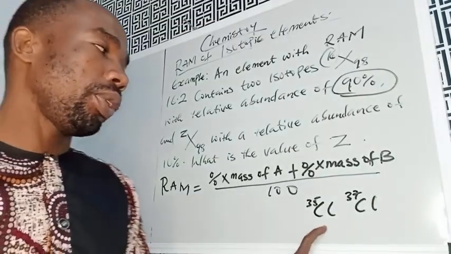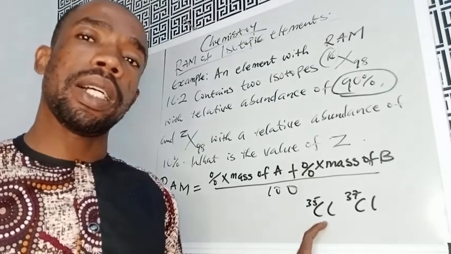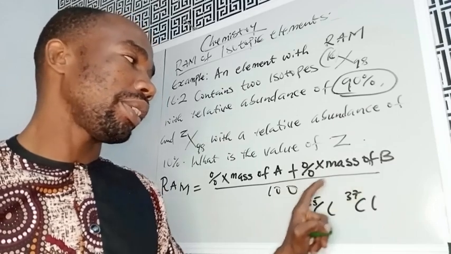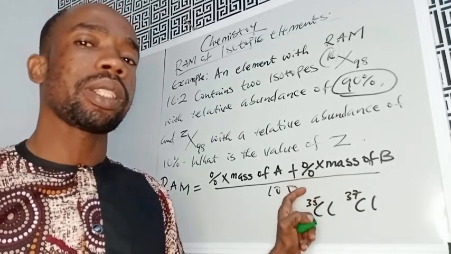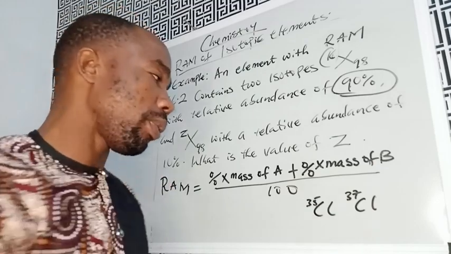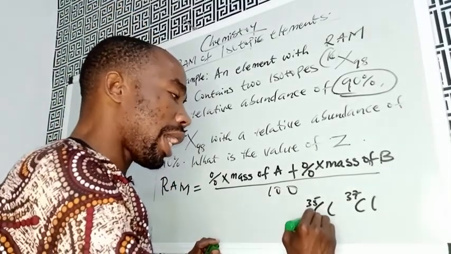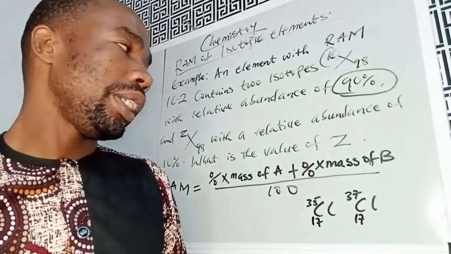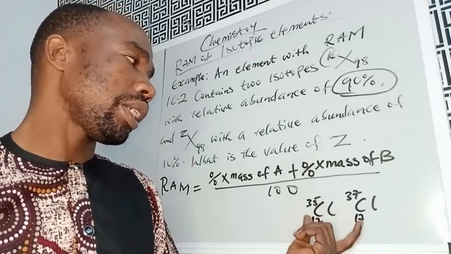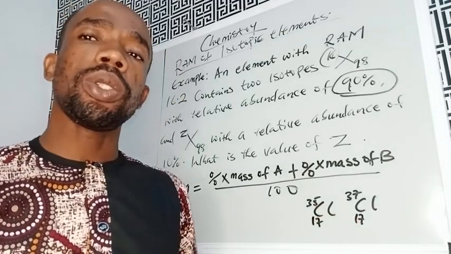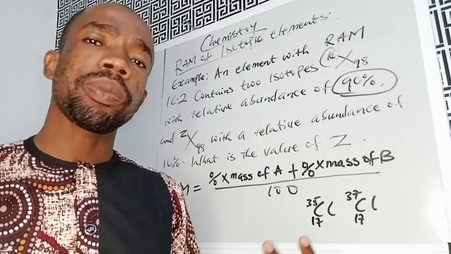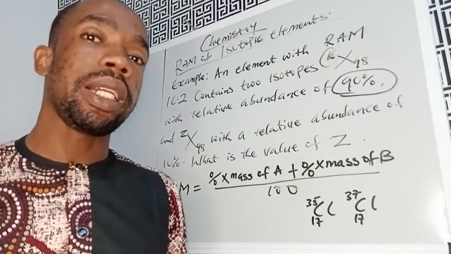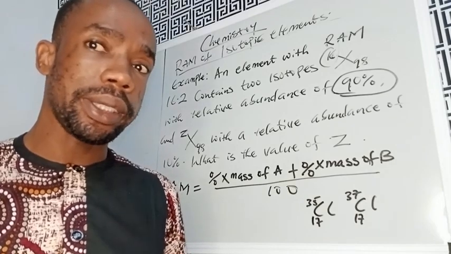So the atoms of chlorine have different atomic masses, but the same atomic number, 17. These isotopes behave differently physically, but chemically they behave the same.